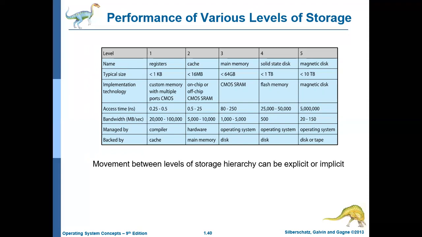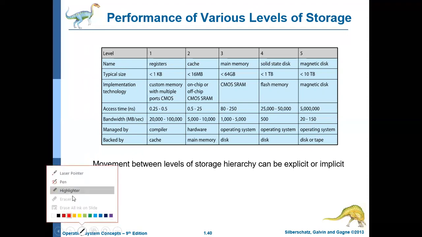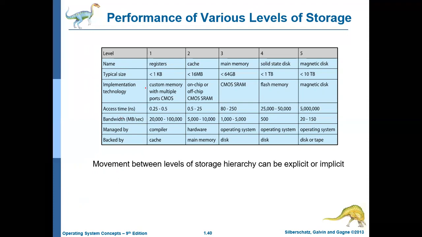But considering the memory hierarchy or storage hierarchy, there are different levels of storage. First, we have registers. Registers are placed inside the CPU. Then we have cache memory. There are two types of cache memory: internal cache and external cache.